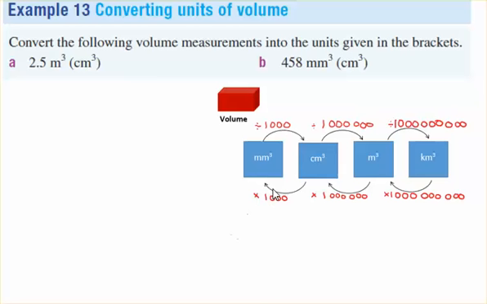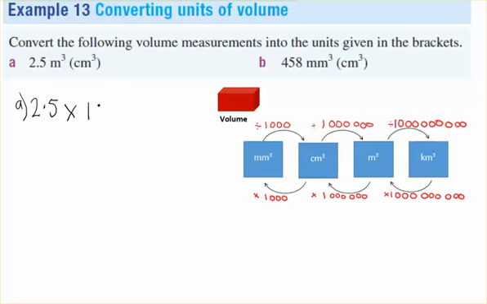With that said, let's have a look at the first question, A. So we're converting 2.5 cubic meters to centimeters cubed. Now remember, we're going from a larger unit to a smaller unit, so we're going to multiply. So we set it out like this. A, 2.5, times, and because we're going from cubic meters to cubic centimeters, we're going to multiply by 1 million.